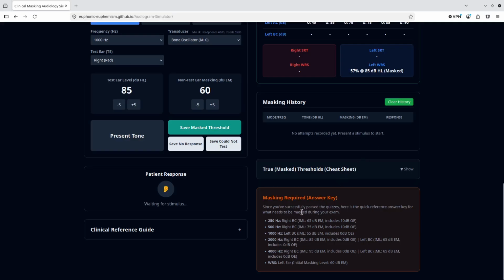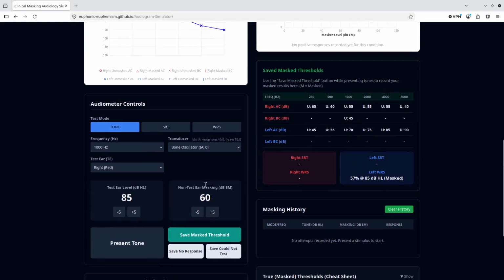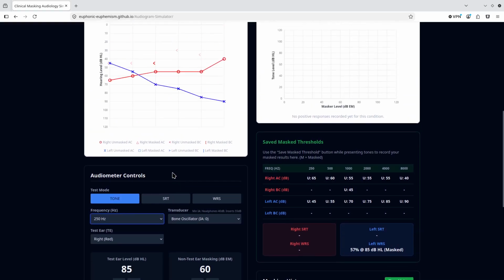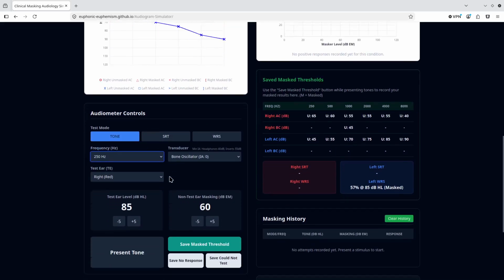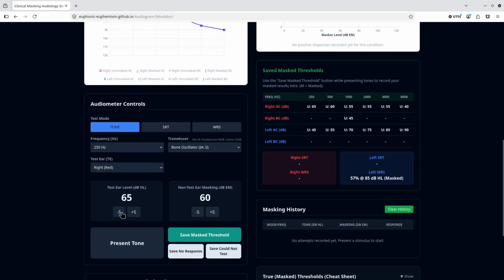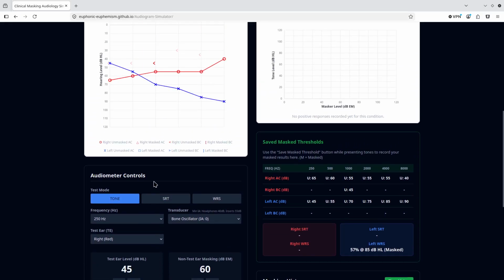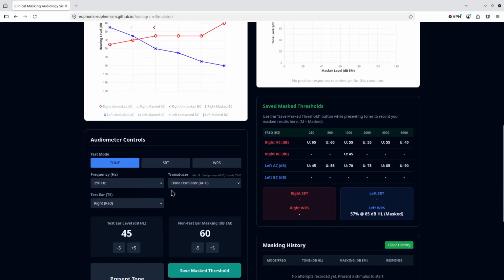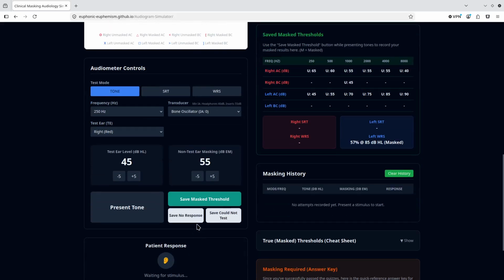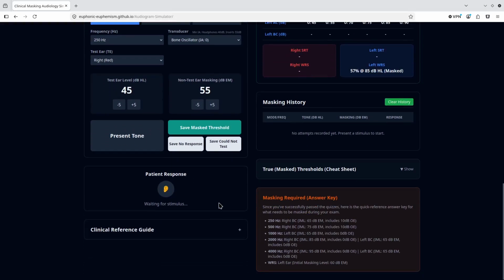And just as a reminder, we can get rid of our cheat sheet here. Right ear, 250. So let's do 250 in the right ear. We're starting at 45 dB. And then masking in the non-test ear is 10 above, 45, so 55. And we could add the occlusion effect if we want to.